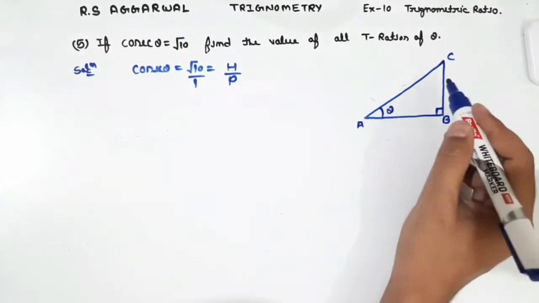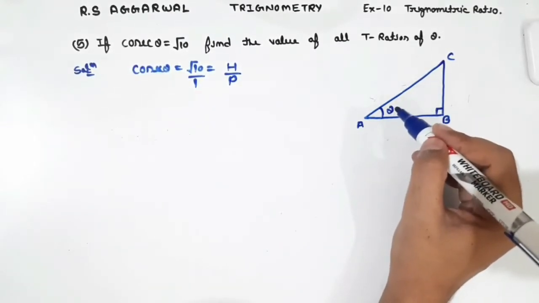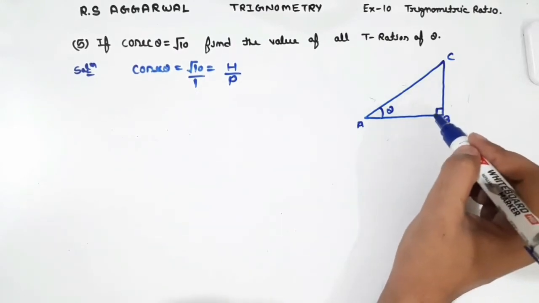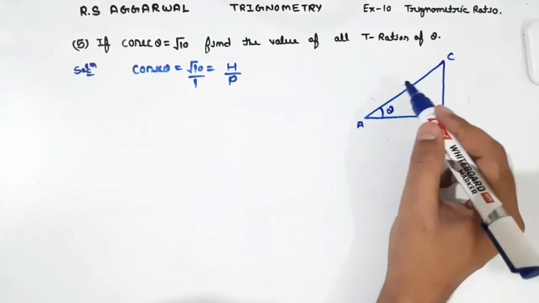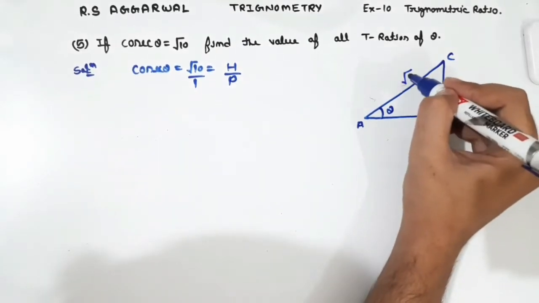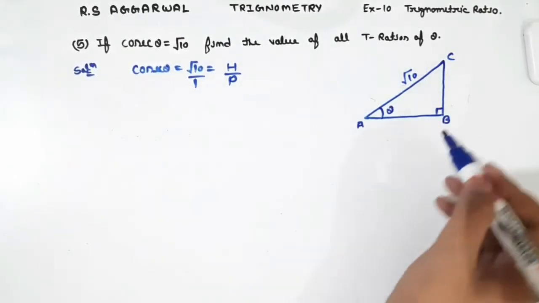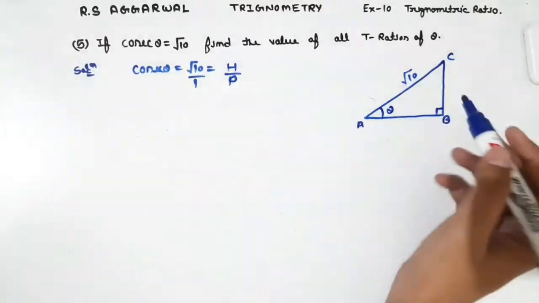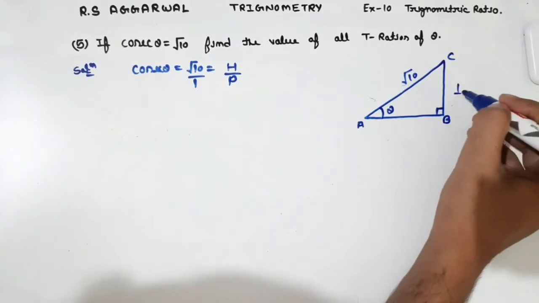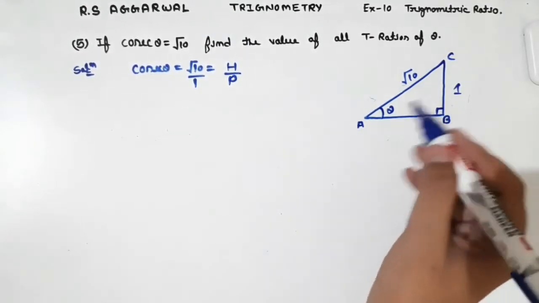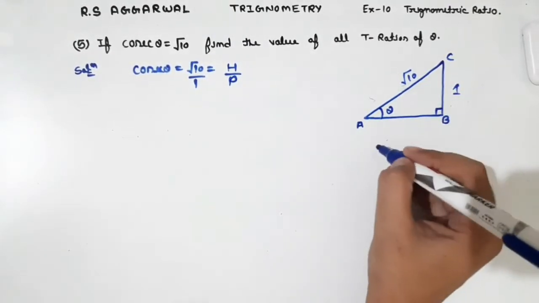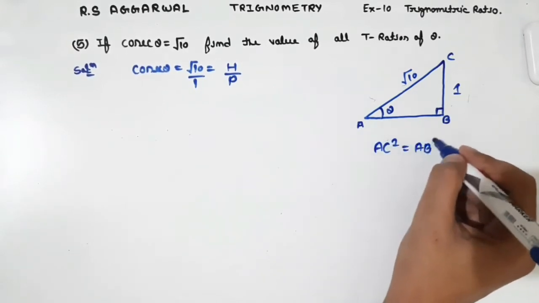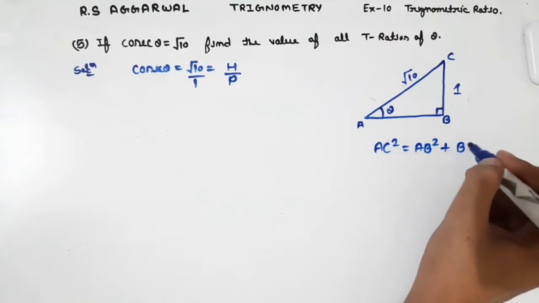So in this triangle ABC, whose angle A is theta, with respect to theta, AC is opposite to the 90-degree angle. So this will be hypotenuse, that is under root 10. And with respect to theta, the side opposite to the angle will be perpendicular, that is 1. So in this right angle triangle, AC square will be AB square plus BC square.